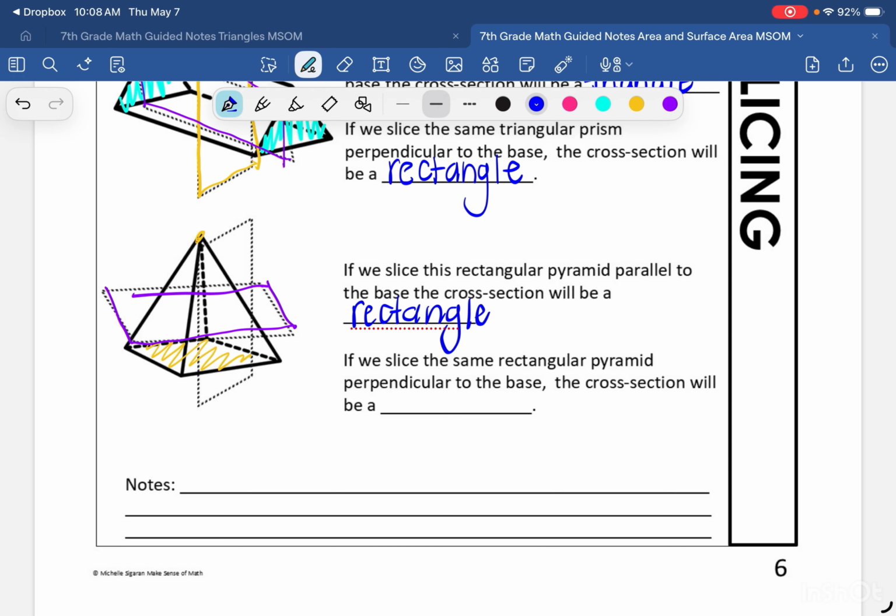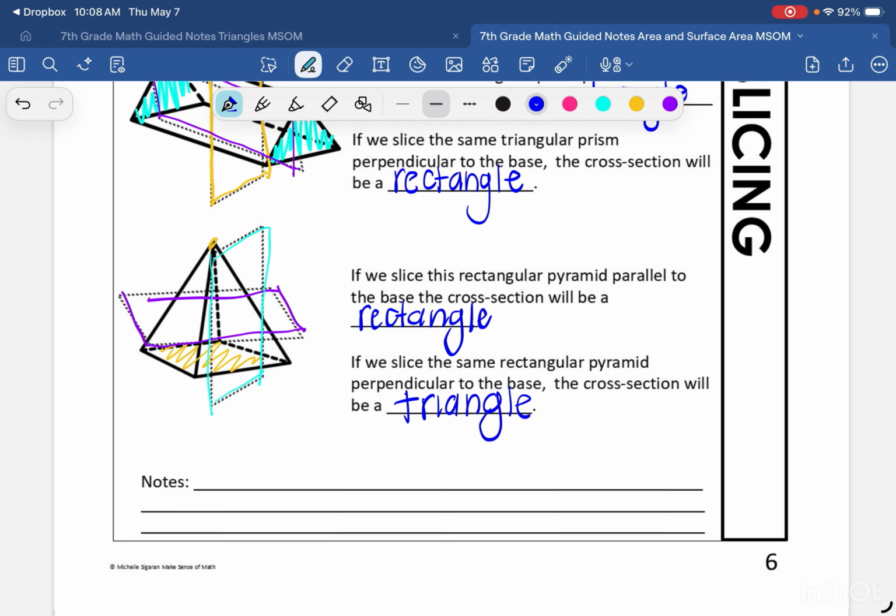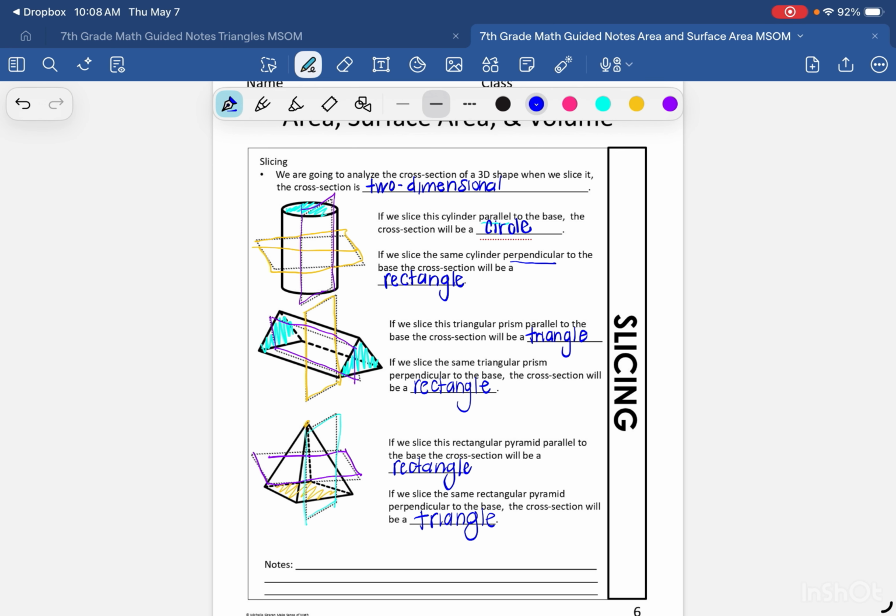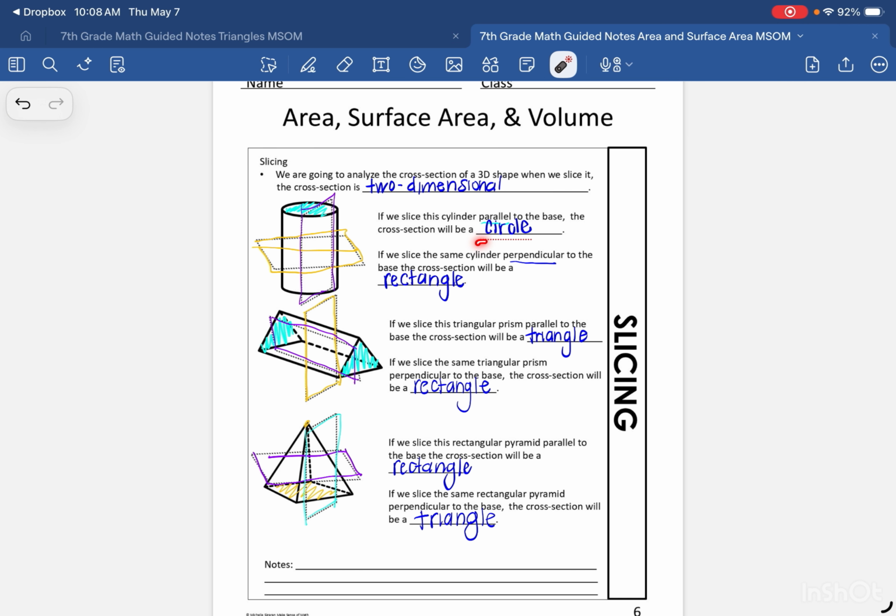If I slice the same rectangular pyramid perpendicular to the base, so I'm cutting it this way now, cutting it down in half, the cross-section will be a triangle. Notice that whenever I'm cutting parallel to the base, my cross-section will always be the same shape as the base.